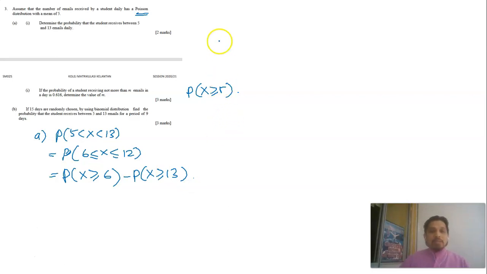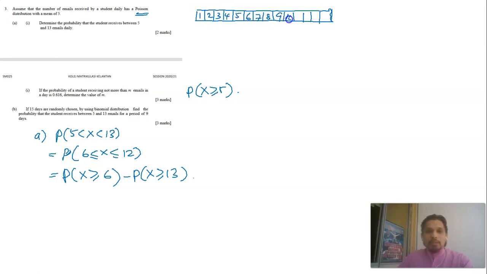Okay, why I'm using this? In my class, I always use something like this. Just imagine that I use this block or this rod here: 1, 2, 3, 4, 5, 6, 7, 8, 9, 10, 11, 12, 13, 14 for example.